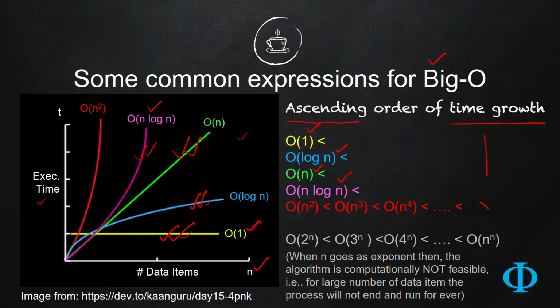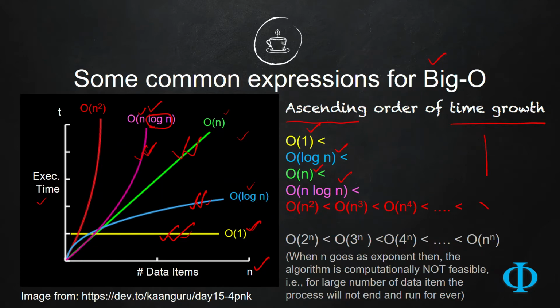Because log n is multiplied with n, it shows larger time growth over the increase in the number of data items compared to order of n. So order of log n grows very slowly, order of n grows faster than that, and as you can see here, order of n log n grows even faster than order of n.